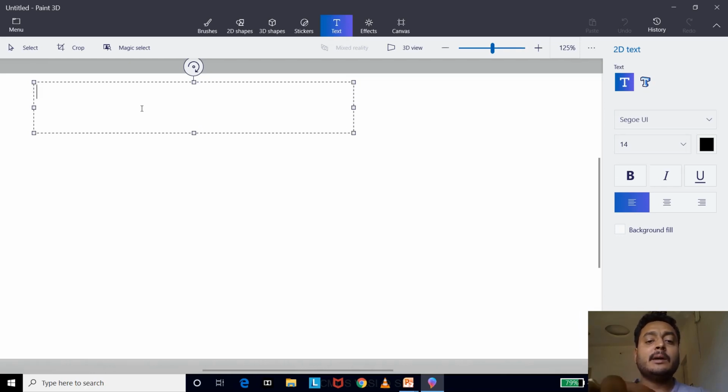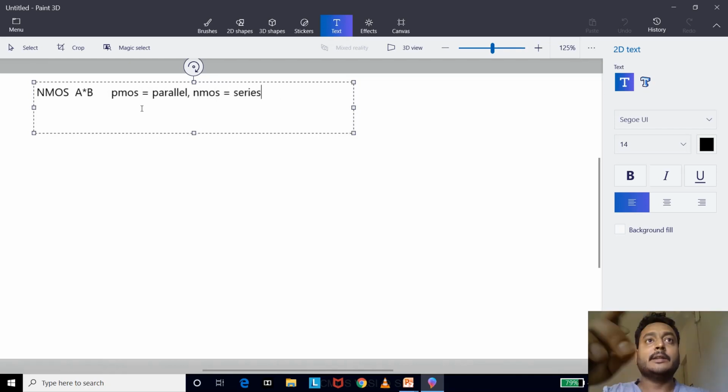So first thing is, whenever you find something like A star B for NMOS, then for PMOS you connect in parallel, and for NMOS transistors, connect in series. You need to remember this to write the circuit.